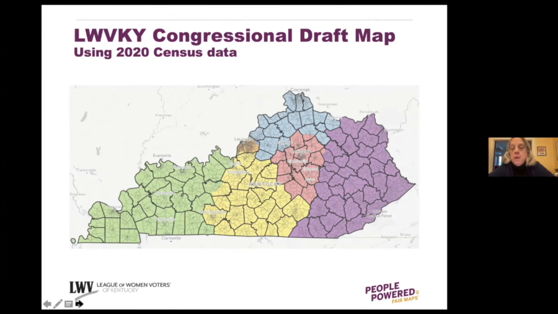I have meticulously not looked up anybody I displaced in drawing these maps in terms of incumbents. But I do actually know that Representative Rogers is not in the Eastern District, Representative Lewis is not in the Northern District, and Representative Comer is not in the Western District. I didn't do it on purpose, but I did eventually notice and blink hard.